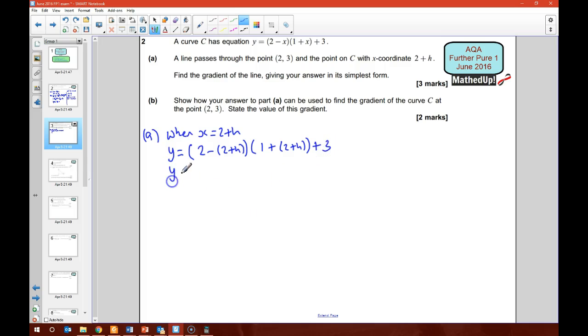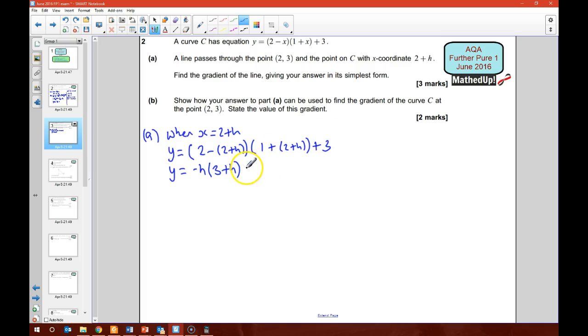Okay, so that tells me that y is equal to, I've got 2 take away 2, which is 0, and then we've got to take away the h, so that's negative h, times 1 plus 2 plus h, well, that's going to be 3 plus h.